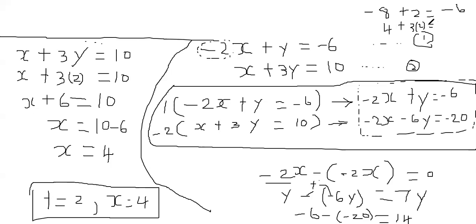Yes, because 3 times 2 is 6, plus 4 will give us 10. So it means that these two values are correct. This is one way of checking to see if your answer is correct. When you solve simultaneous equations, nobody can mark it for you. You can mark it yourself by just checking to see if it's correct. All right?